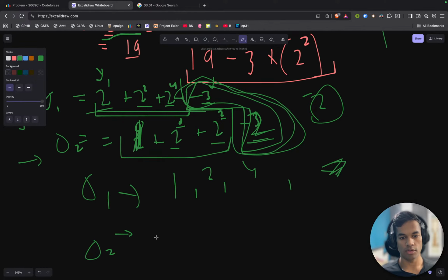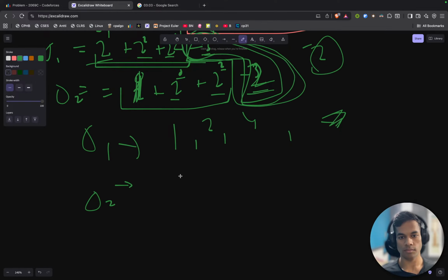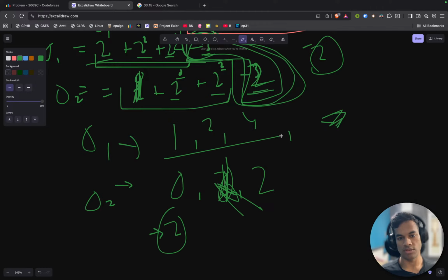And then for this one, we'll say 2 power 0, 0, 0, and 2, because we are just subtracting 2 from each. This is doable.